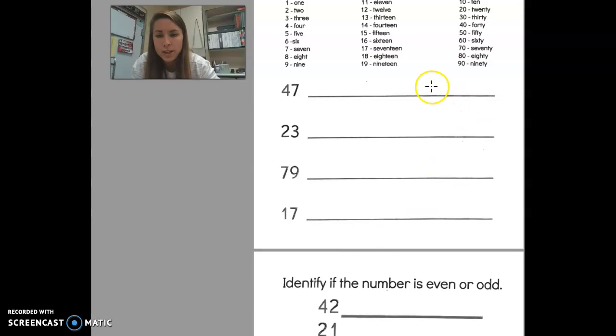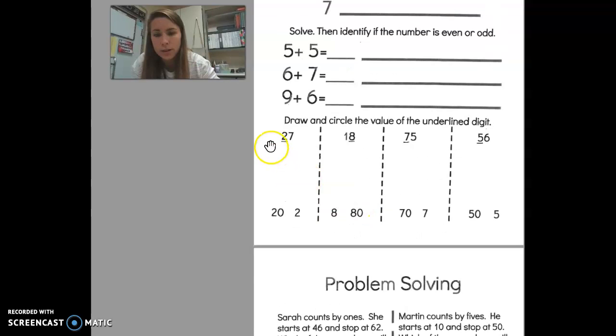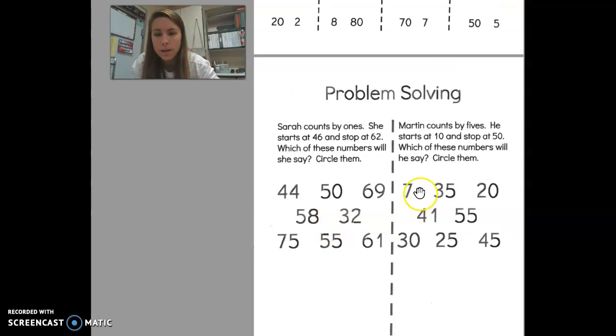Make sure I understand what I'm doing for word form. Make sure I listed even or odd, and I listed the correct one. Make sure I followed directions for this problem, and make sure I counted appropriately so that I circled the right numbers. Check your work, make sure your name is on your test, and when you are done, you may turn it in.